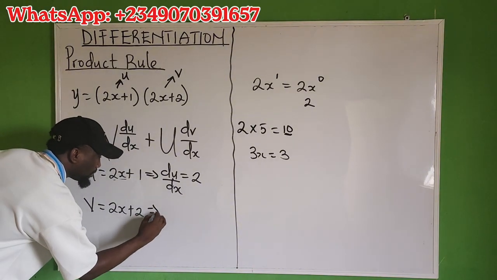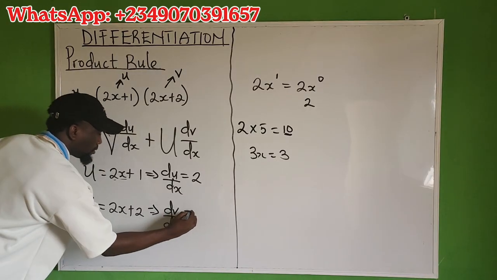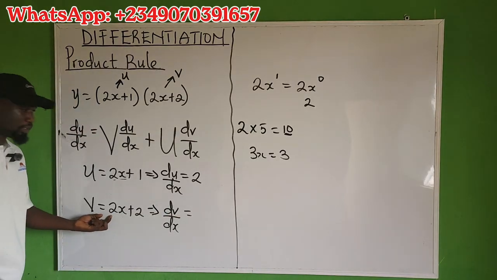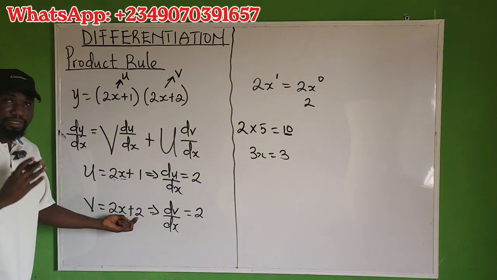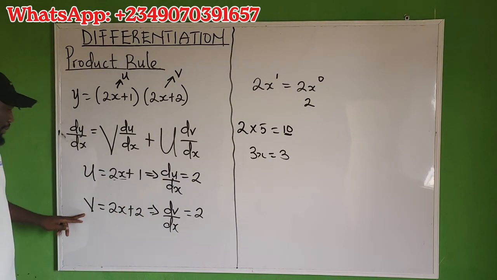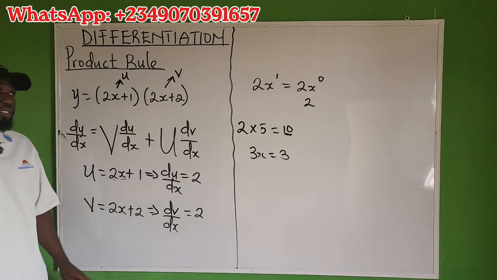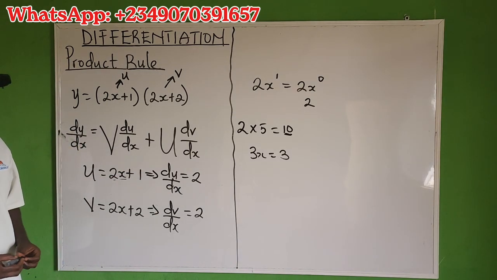So we have dv over dx. Differentiate 2x, that is 2. Differentiate this 2, a constant, that is 0. So we have u, we have du over dx, we have v, then we have dv over dx. So let's input our values.